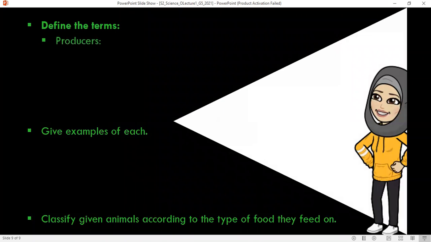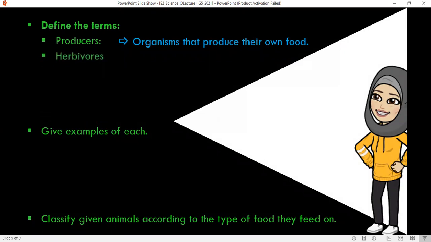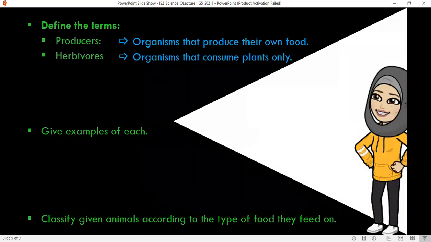Okay, what I need you to know at the end of this lecture. Producers. Can you tell me what's a producer? Yes, it is a living thing or an organism that produces its own food through photosynthesis. Herbivore. A herbivorous animal is an animal that feeds mainly on plants.